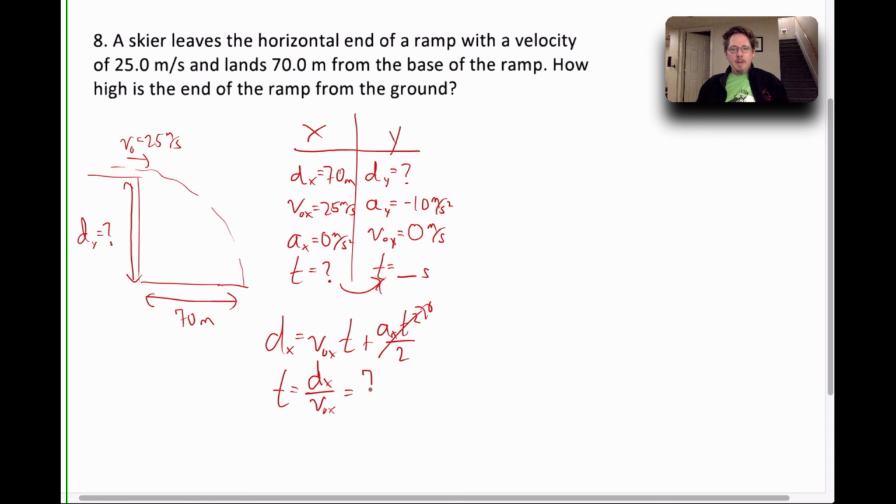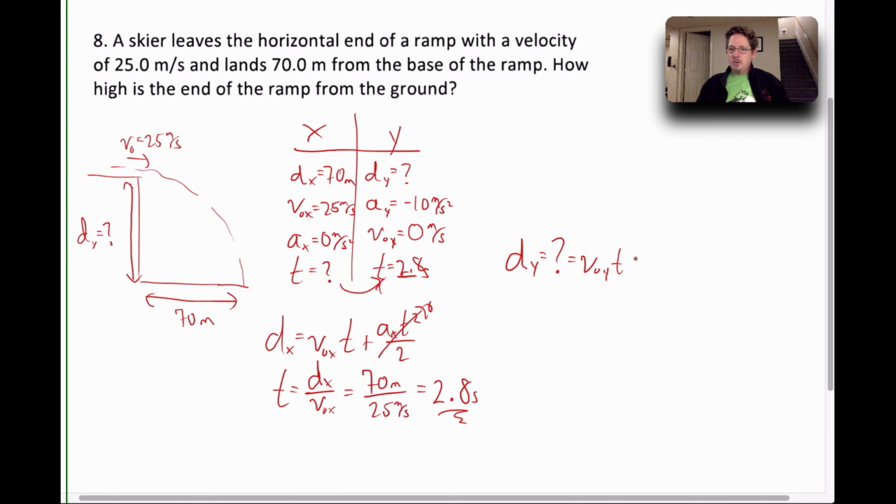And so when we do that, we get 70 meters divided by 25 meters per second. And I get that my time is 2.8 seconds. Long time in the air. So 2.8 seconds. Okay, now I have that last given that we needed, and I can solve for my dy.